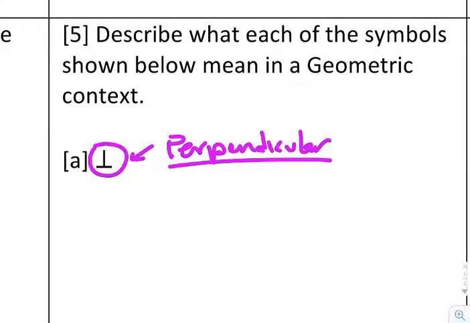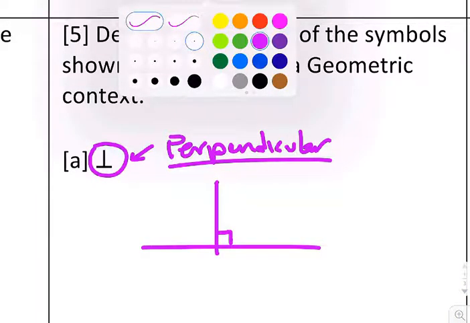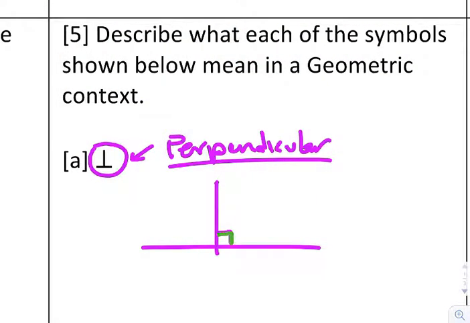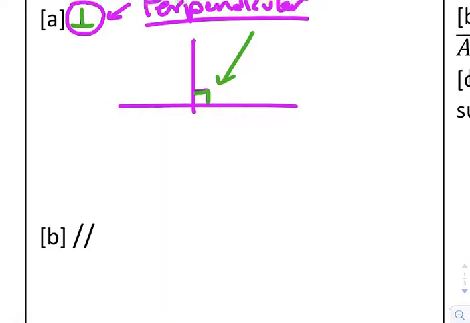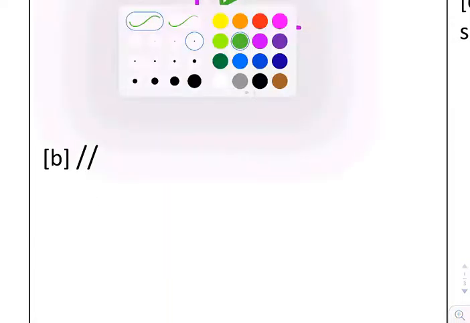Okay, perpendicular means they meet at right angles, and so the picture itself actually shows you how this thing should look. So if you have a perpendicularity, you have two things that intersect. They intersect at a right angle, and so this in itself is a symbol for perpendicular. And so this guy that you see in notation is the same as that guy that you see on a grid. Okay? This guy means parallel.